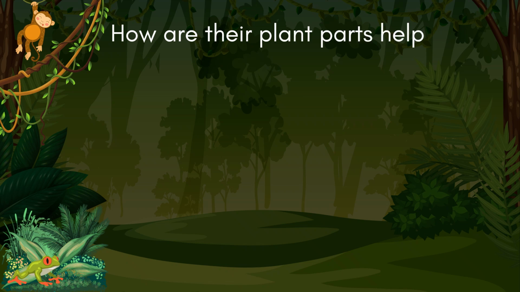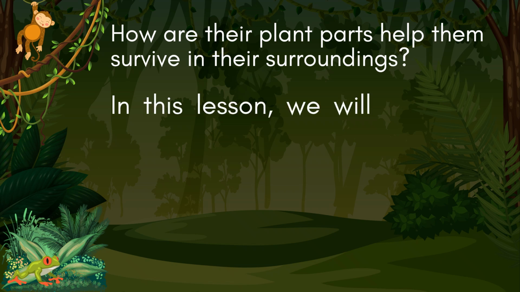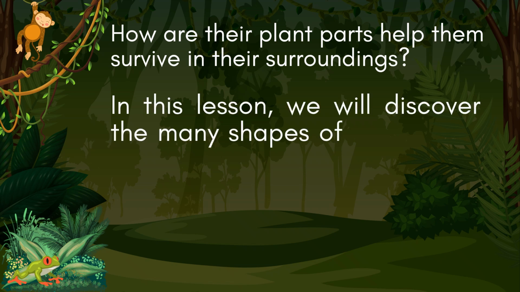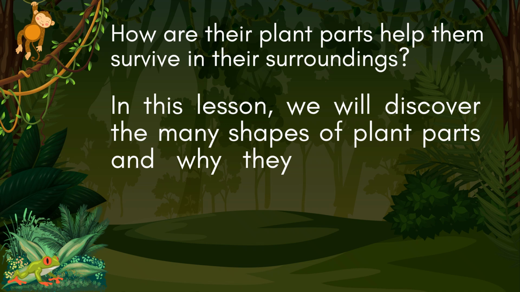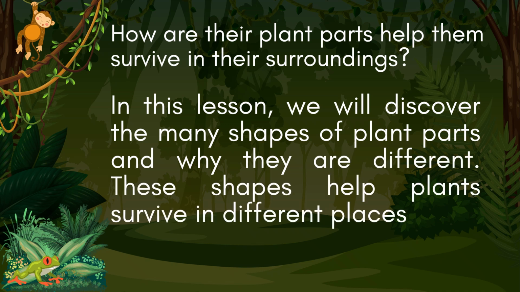How other plant parts help them survive in their surroundings? In this lesson, we will discover the many shapes of plant parts and why they are different. These shapes help plants survive in different places.